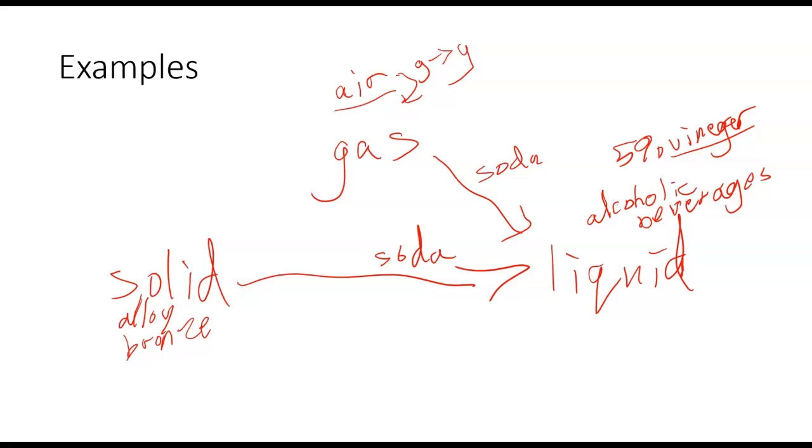So we can have mixtures that are solutions that are mixtures of these different types of phases. So don't get thrown off if you see that you're working with something that's in different phases, that are different states. It's still a solution, and it can still be a homogeneous solution.